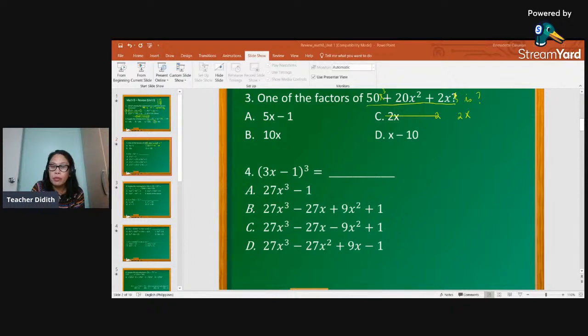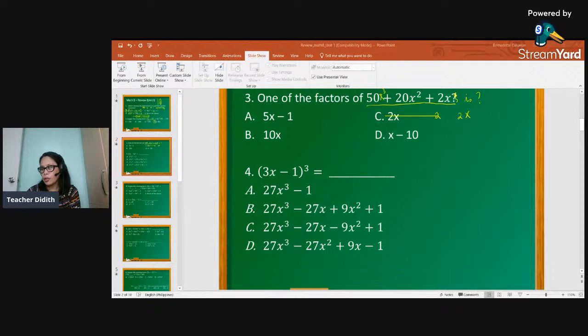As we divide 50x cubed by 2x, we'll have 25x squared. Then we divide 20x squared by 2x, we'll have 10x. And then we divide 2x by 2x, it's 1. Though the second factor is still factorable.